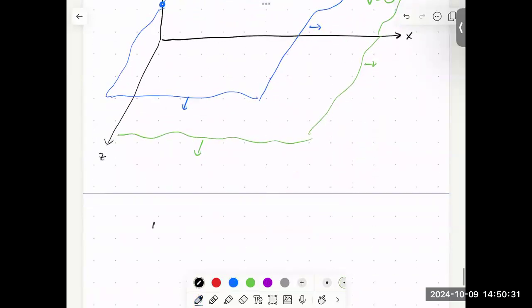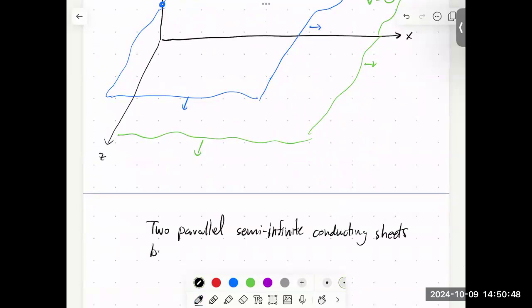So we have two parallel semi-infinite conducting sheets, both at V equals 0.